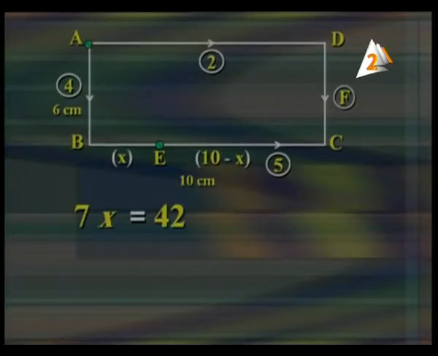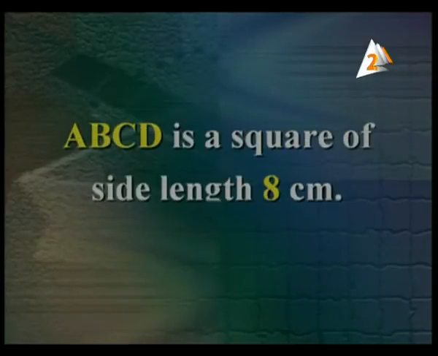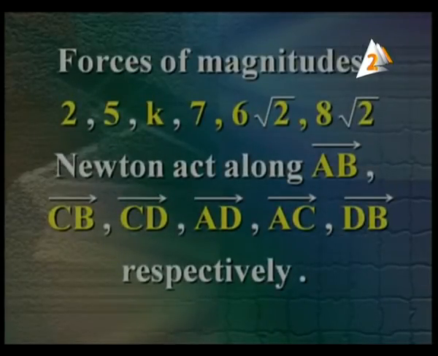ABCD is a square of side length 8 centimeters. Forces of magnitude 2, 5, K, 7, 6 root 2, and 8 root 2 Newton act along AB, CB, CD, AD, AC, and DB, respectively.